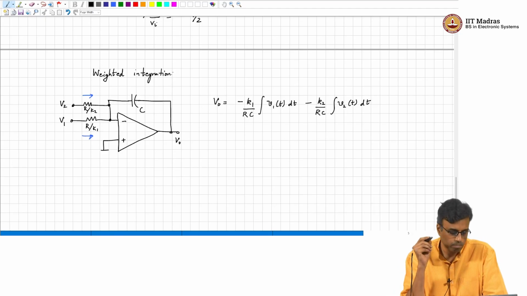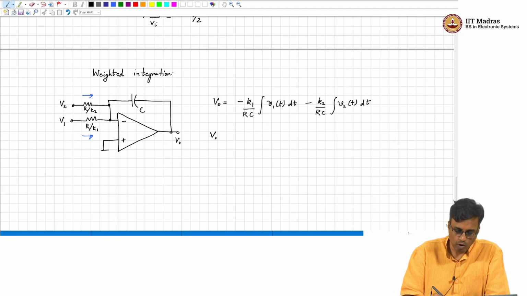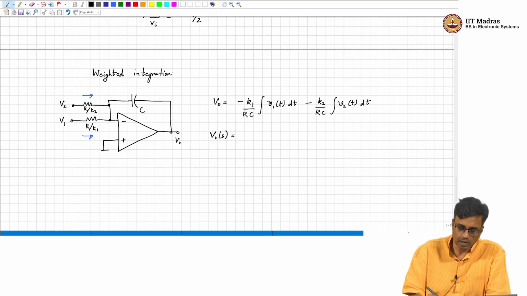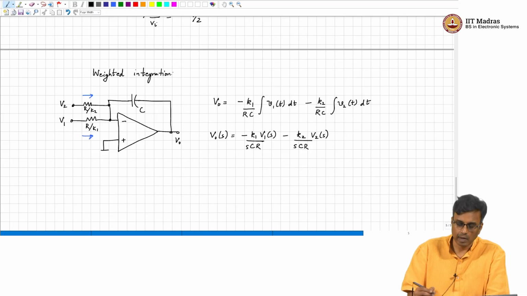Or Vo of s is nothing but minus K1 by sCR times V1 minus K2 by sCR times V2.